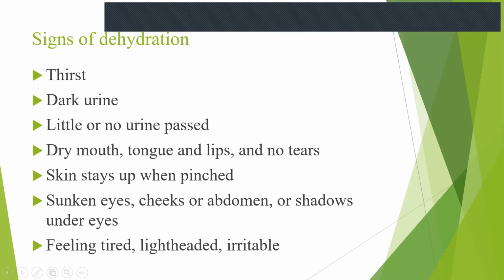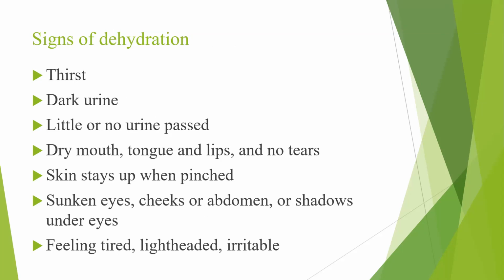So in diarrhea, what is the most important thing as a pharmacist we have to know? It is dehydration. So we have to monitor whether this patient is dehydrated. First we have to know the signs of dehydration.